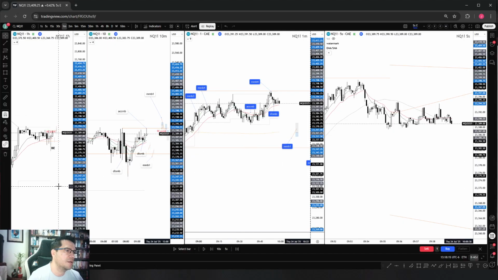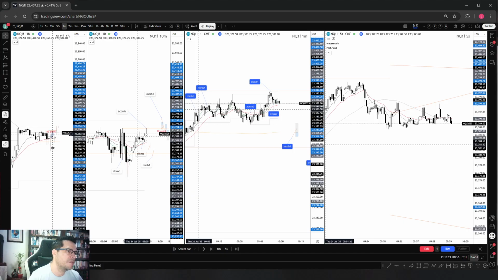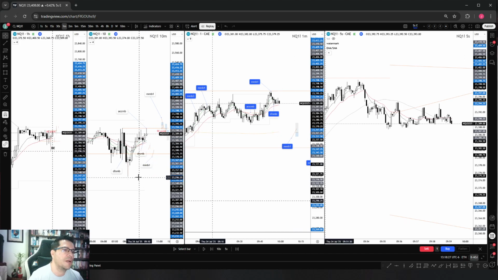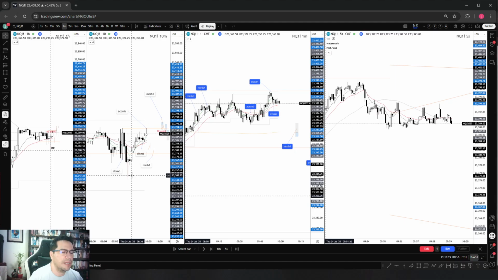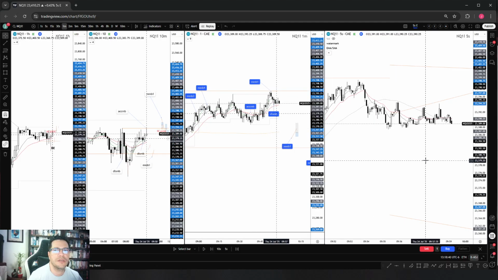Just take a look at our other time frames. At this time on our C2, price was above the EMAs, and on our context time frame on the 10 minutes, price was again above the EMAs on rising EMAs. So it was okay for us to consider this trade here.